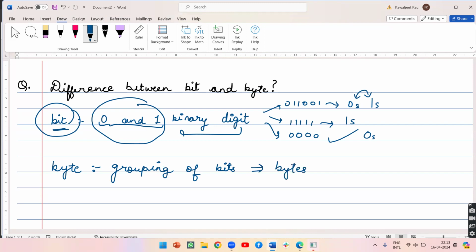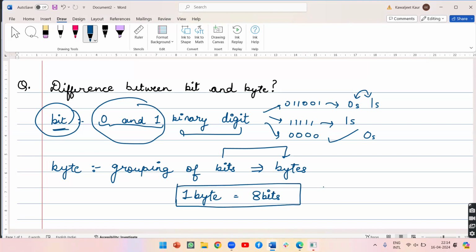Now the question is how many bits are required to form one byte. So one byte actually involves 8 bits. That is the thing that we need to understand here. And this is the foremost question that might be asked in MCQs as well as in fill in the blanks.